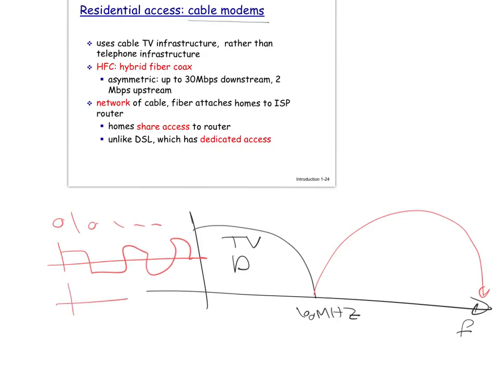We convert this to an analog signal, and then we transmit the analog signal over the line. If we transmit this analog signal as is, chances are it will be transmitted in the baseband, which means that it will interfere with the TV signal. We don't want to do that.